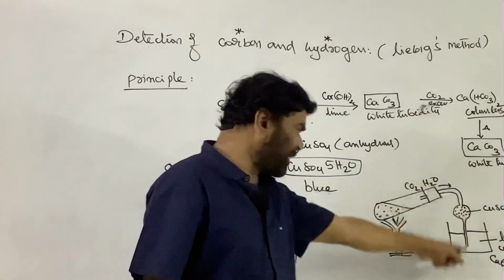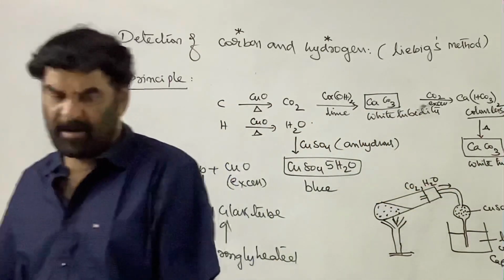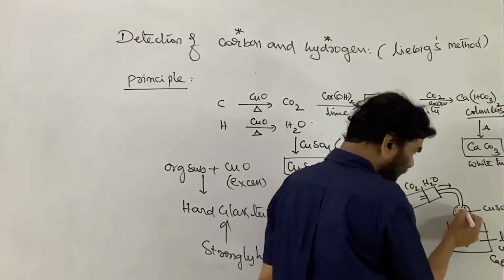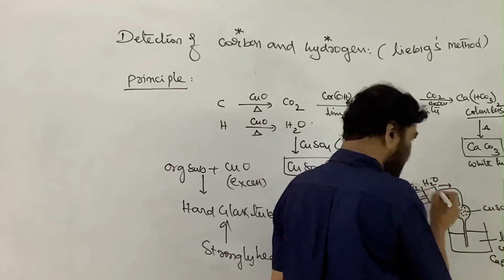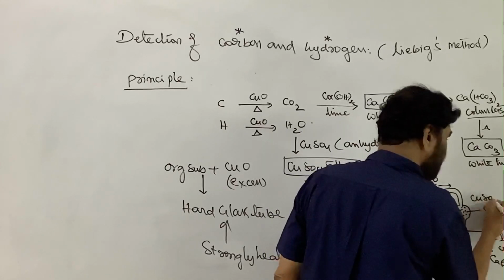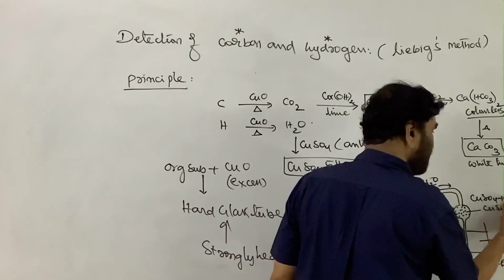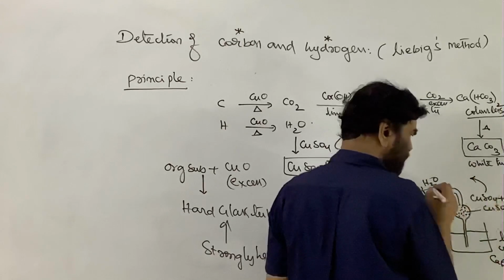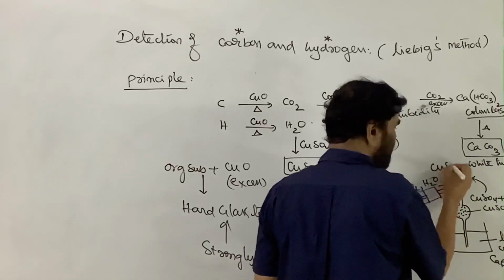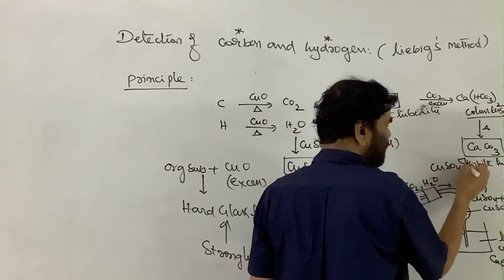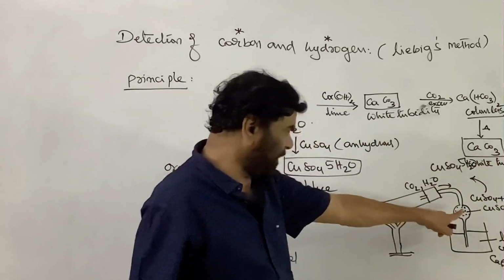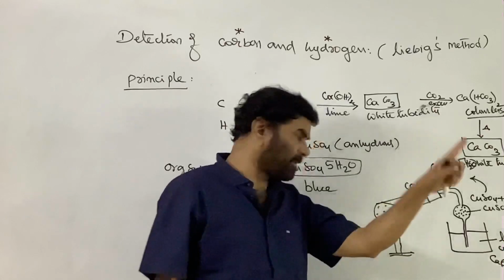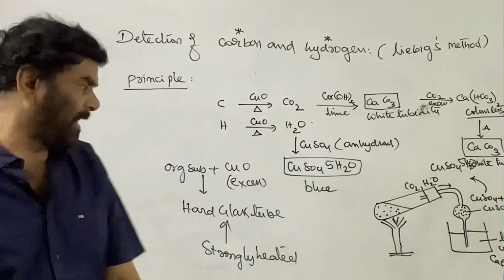First, these gases enter the bulb containing the copper sulfate, where copper sulfate takes the water vapor, the H2O gas, and is converted into CuSO4·5H2O, which indicates the conversion of white anhydrous copper sulfate into blue, indicating the presence of hydrogen.